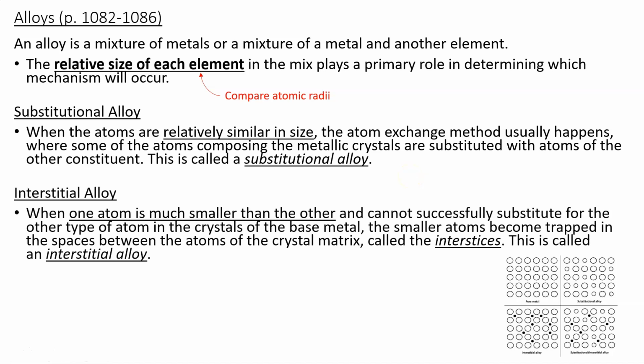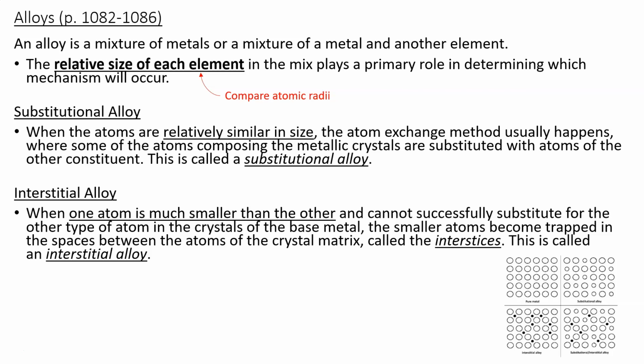Then we have the interstitial alloy. That's when one atom is much smaller than the other, and it can't successfully substitute for the other type of atom in the crystal of the base metal. The smaller atoms become trapped in the spaces between the atoms of the crystal matrix called interstices.